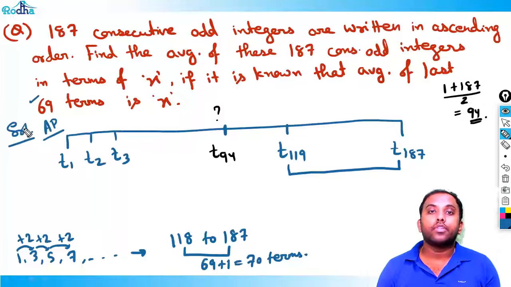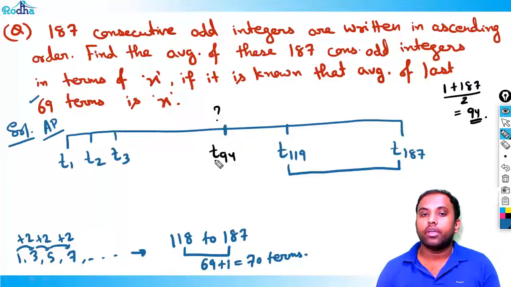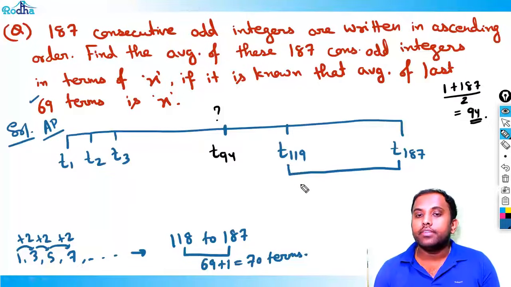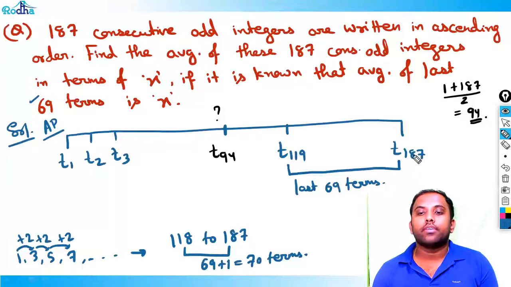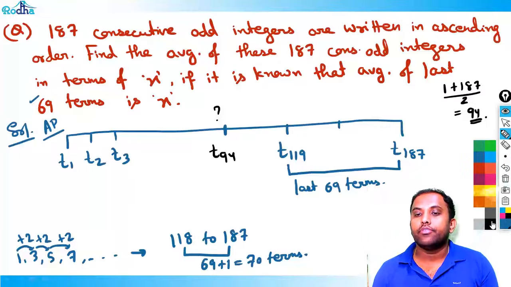So you start with the next number, that is T119. From T119 to T187, this is the last 69 terms of this series. What is the average here? 119 plus 187, that is 306. 306 by 2, that is T153.